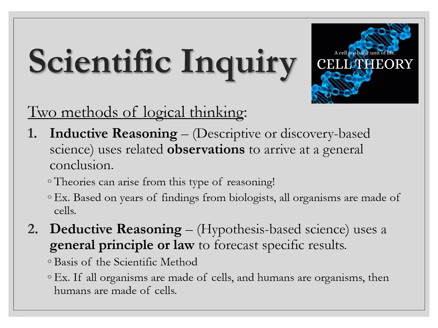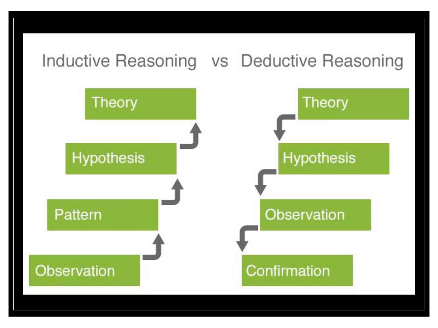So then all humans are made of cells, okay? So you use that hypothesis that's already in place or some sort of general principle or law to then predict your result, okay? So these are the two big types of scientific inquiry, okay? And I want you to know the difference and the definitions of these two, okay?